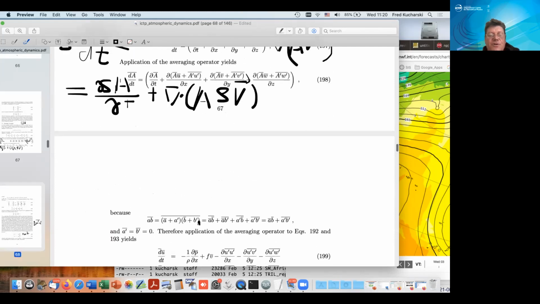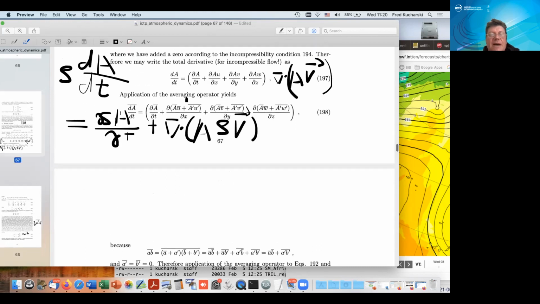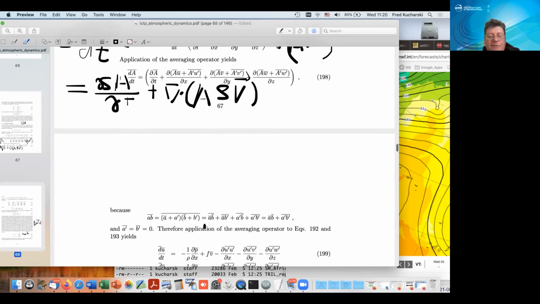But we have further to assume, when we apply the averaging to these flux terms, that the average of average quantities is just the product of these average quantities. And then the average of our fluctuation quantities, which we have always ignored when we were linearizing our equations, is not ignorable here.